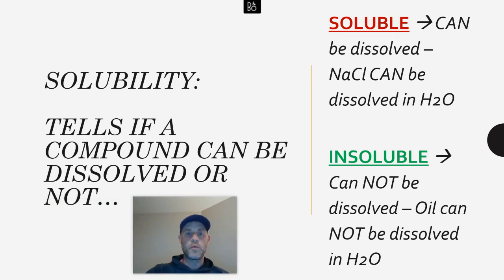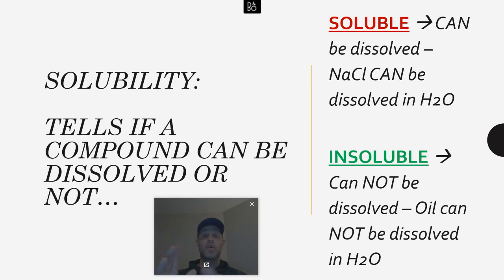So if we're looking at solubility curves, remember what solubility is. Solubility basically tells me if a compound can be dissolved or if it cannot. So there's 2 words. We've already learned these. These are review. But remember, soluble and insoluble. Soluble means it can be dissolved. So for example, sodium chloride or salt, table salt, we put it on our French fries, it can be dissolved in water.